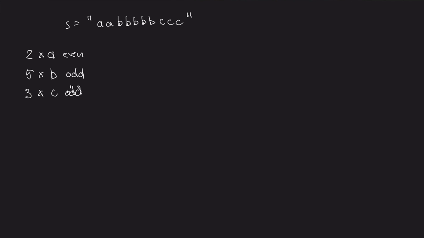I will draw a vertical line. This line is a symmetry line that goes through the middle of our palindrome, and let's start creating our palindrome. We can put letter A on the left side, letter A on the right side. We can pick another 2 letters, put B on the left side and another B on the right side. We can pick another pair of B's, B here and B here.